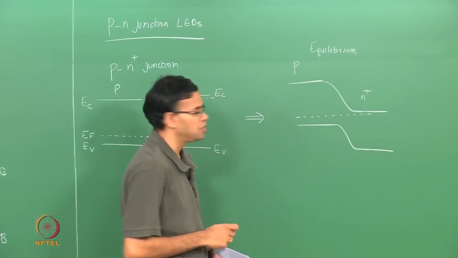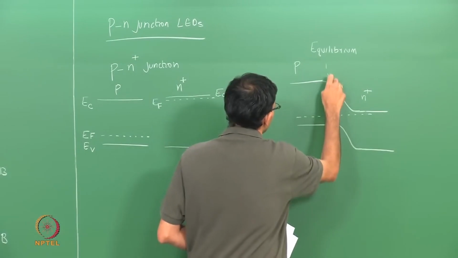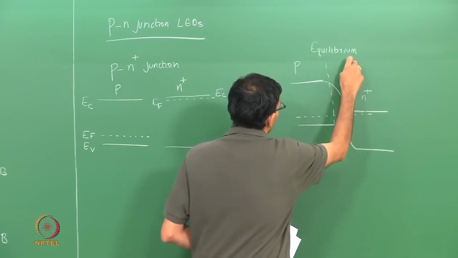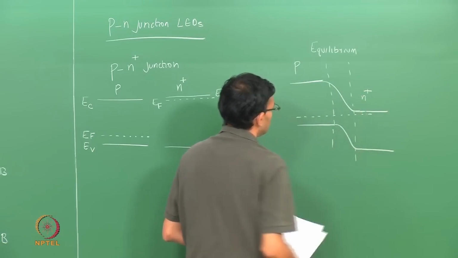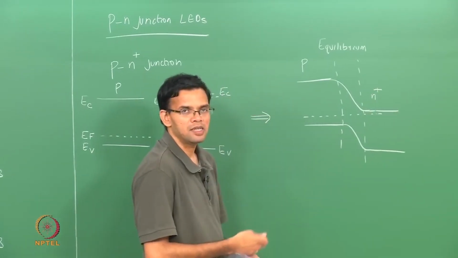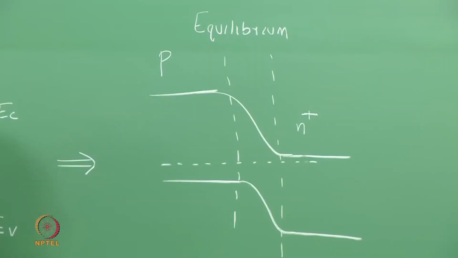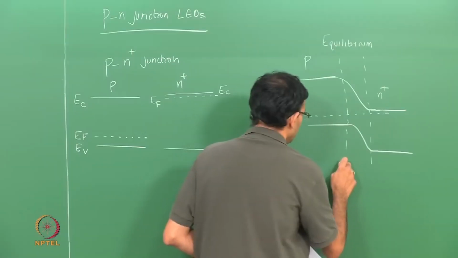This is the p-n junction in equilibrium. We have a depletion region that mostly lies in the p side, and we also have a built-in or a contact potential.